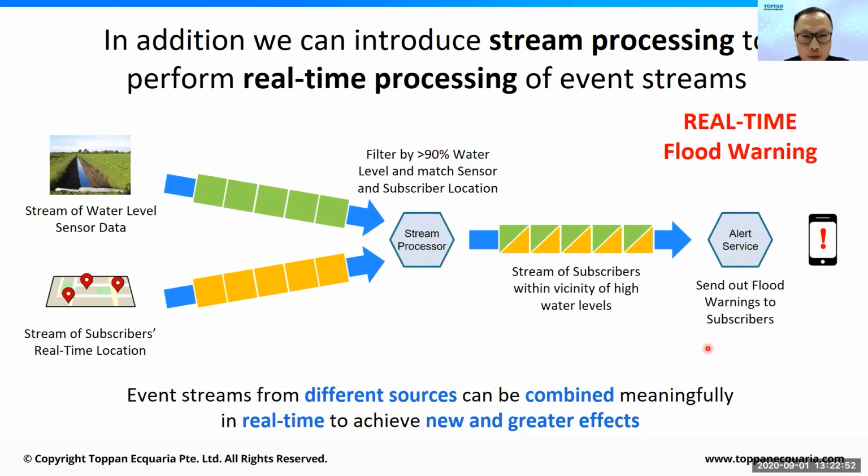So what you need is a stream processor that processes these two streams of events as and when they are coming in, and maybe does some filtering, checks if the water level is greater than 90% and there's a chance of flood, and it will do a real-time matching of the sensor and the subscriber location, and pump out a stream of subscribers who are within the vicinity of high water levels. Then you have an alert service that taps on this stream to send out warnings to your subscribers, and all this in a very real-time manner.